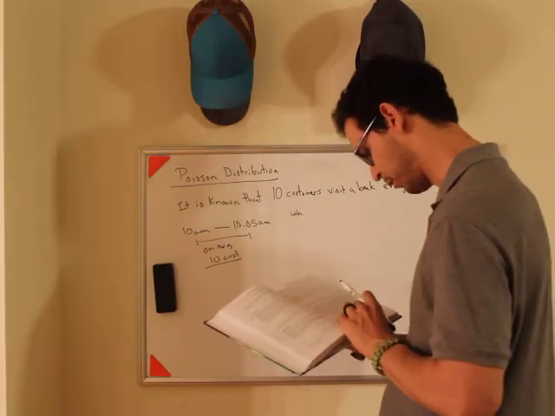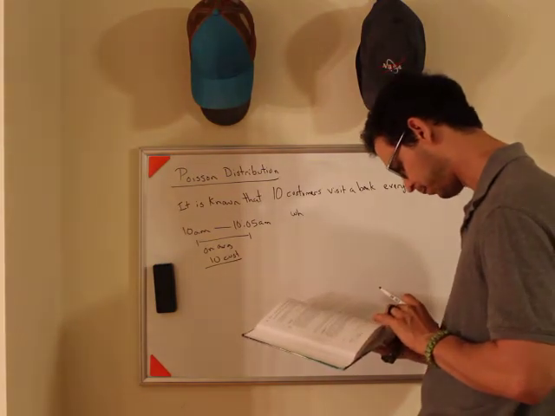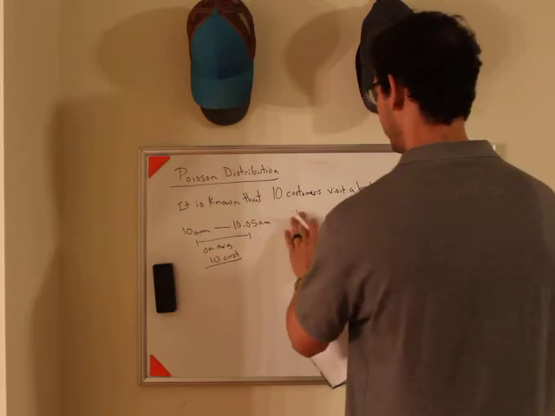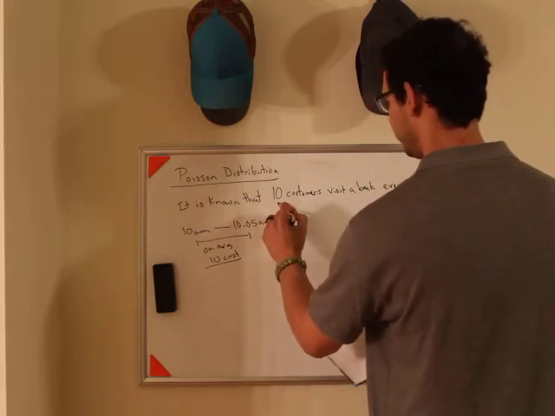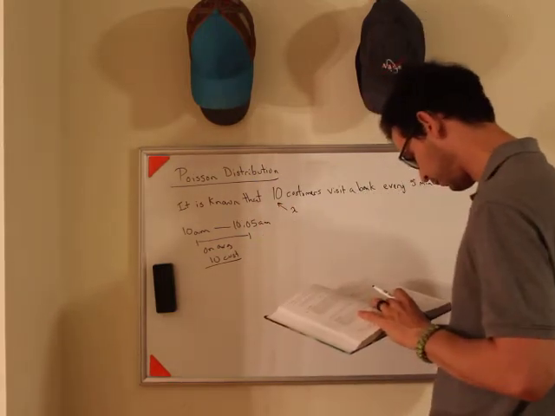And what do they call this probability? They call this lambda. So this is lambda.